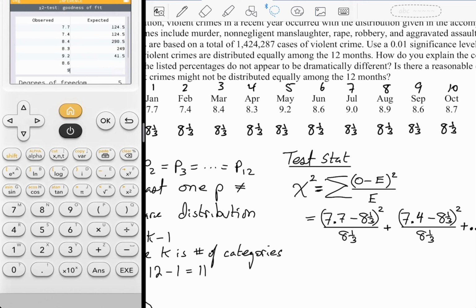Oh, that's just a 9. 8.9, 8.6, and 8.7. So you put everything as 25 over 3? Yeah. I don't think you can do a rule like that in this app. Yeah.